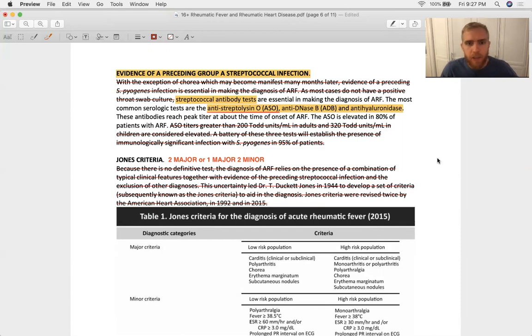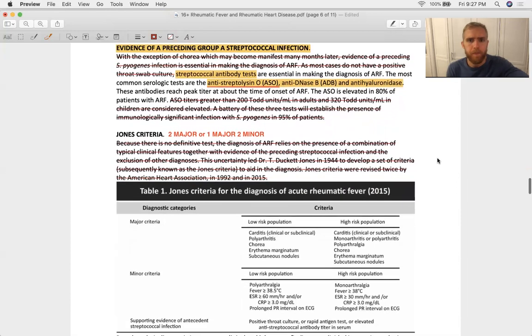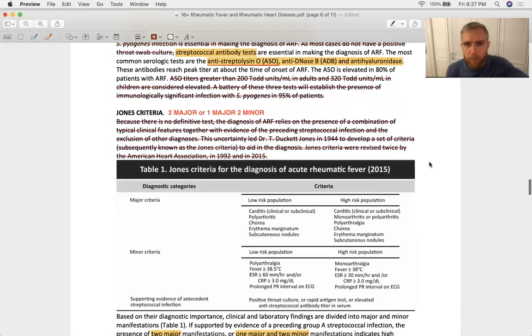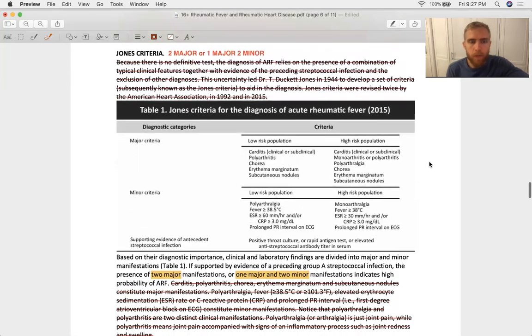The answer to that is the anti-streptolysin titer, because these antibodies that we produce against an active strep infection happen to stick around in your bloodstream for a pretty long time afterwards. And anti-streptolysin is the best test out of the three listed here. Go with the ASO if they ask what's the preferential method of diagnosis.